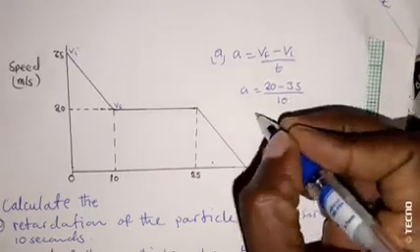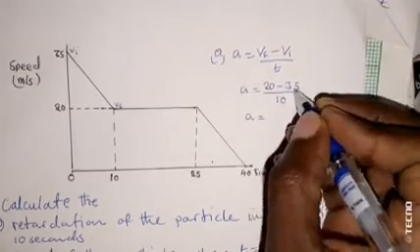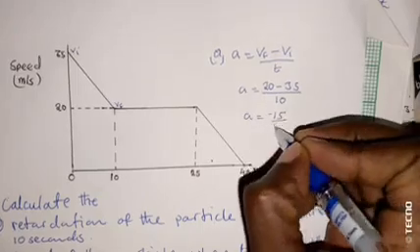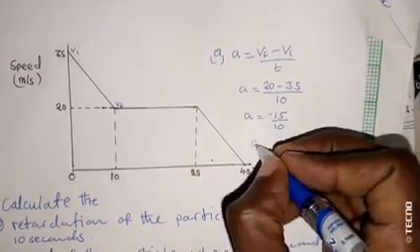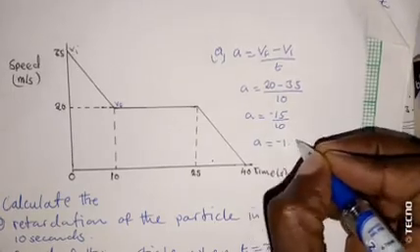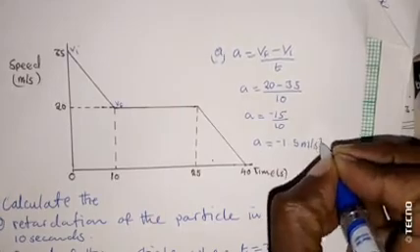We have been given 10 seconds. Then A is equal to this, and this will get us negative 15 over 10. How many times can 10 go into 15? So A is equal to negative 1.5 meters per second squared.